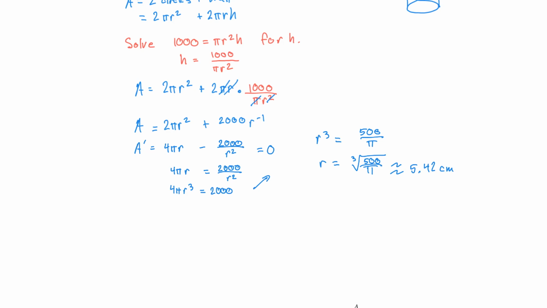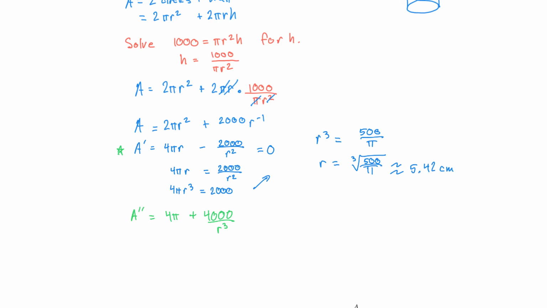Now, again, we can do the first derivative test for extrema, and that would work just fine. We can also use the second derivative test for extrema. Just to remind you, we have to find one more derivative. So A double prime is 4 pi, plus, taking the derivative of this, the 2 comes down in front to give you 4,000 over r cubed.